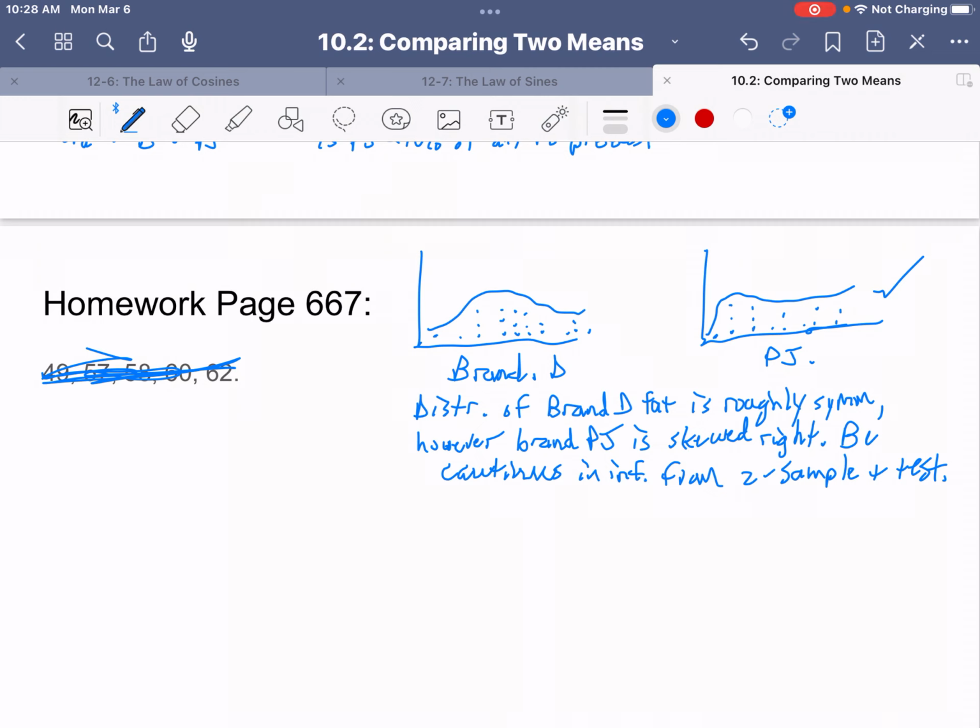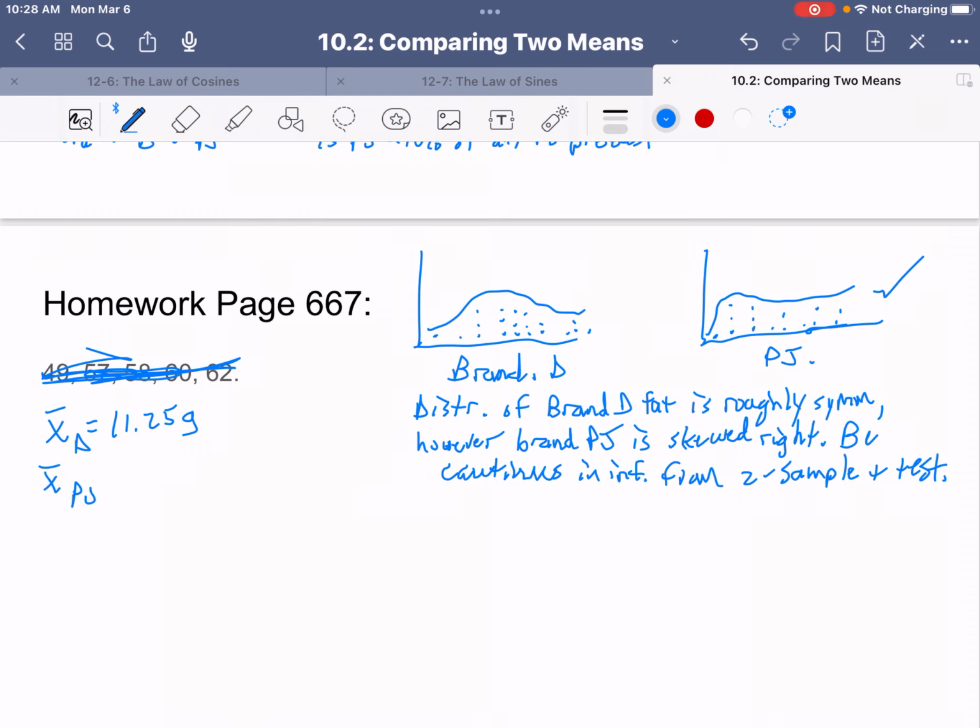Okay, so let's see here. What I'm seeing on my calculator screen is that X bar D is 11.25 grams.